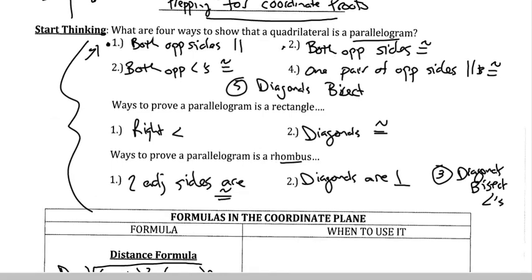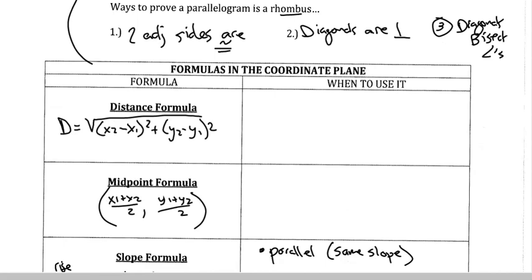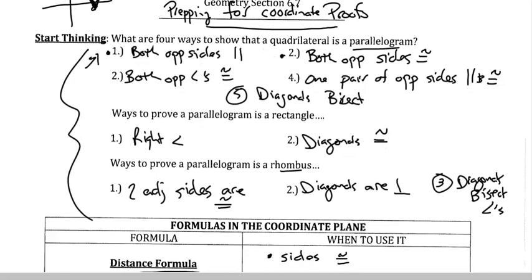Which one of those formulas would show that opposite sides are congruent? Distance formula. Now let's say we want to show angles were congruent. Can't really do that. If it was showing both of the angles were right angles and they're congruent, then that's one thing, but we're not going to really be showing opposite angles are congruent in these type of proofs.